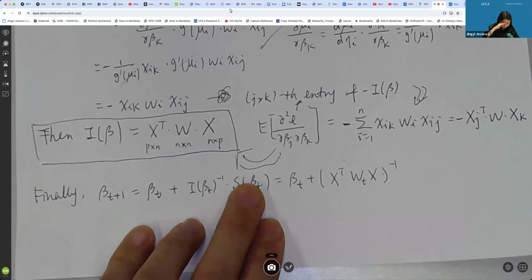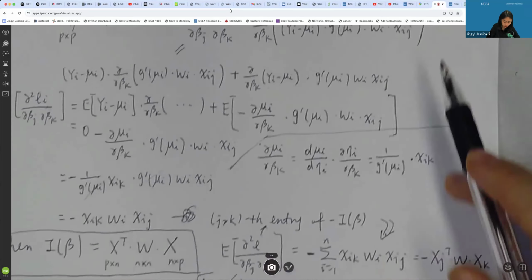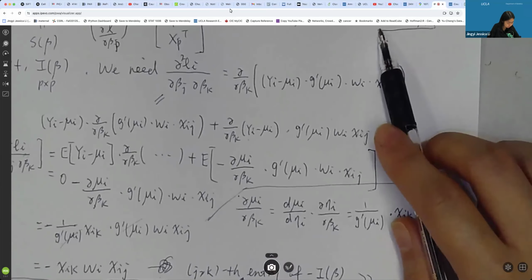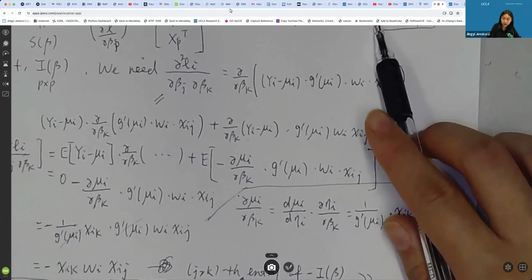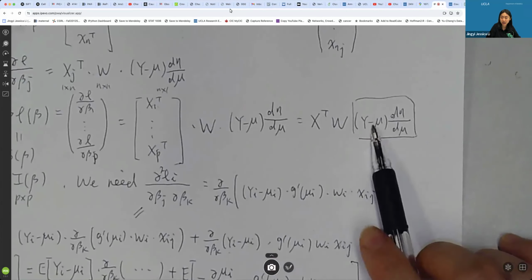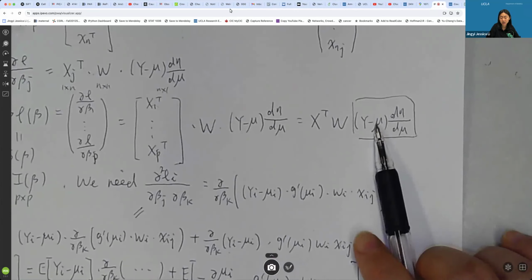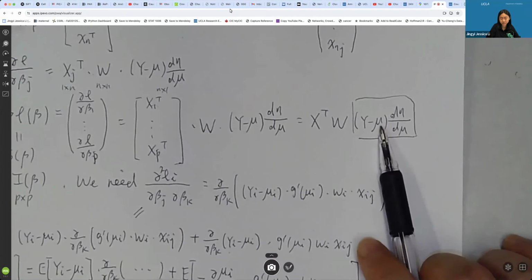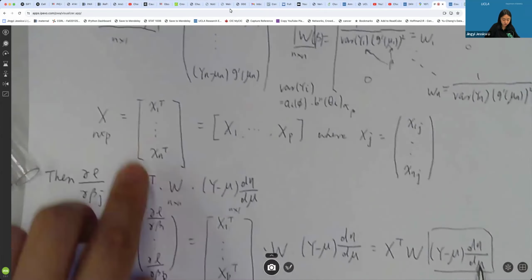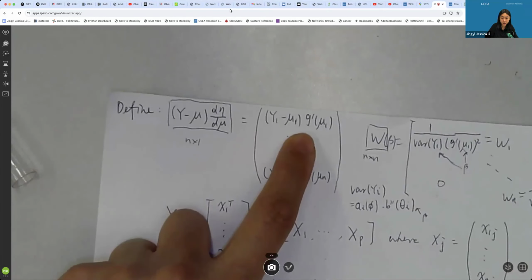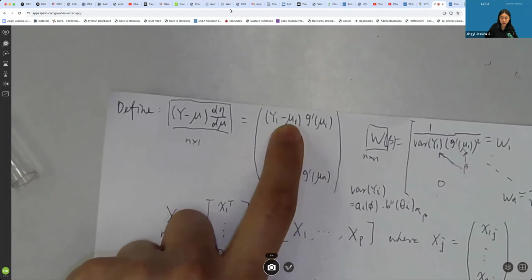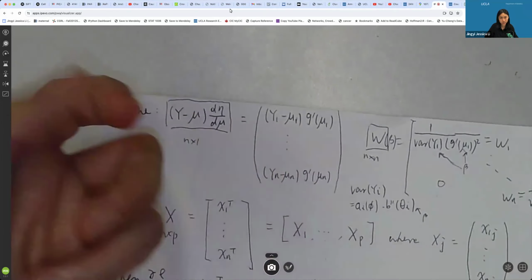Finally, the last term, the score function, which is here. I can give you the answer. As I said, mu depends on beta, and this d eta d mu, this whole thing, is yi minus mu i times g prime of mu i. So mu i, they all depend on beta.